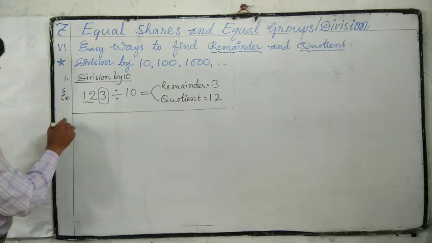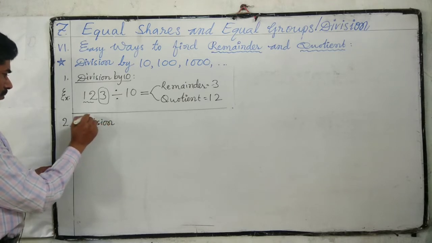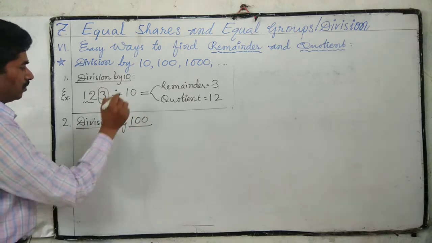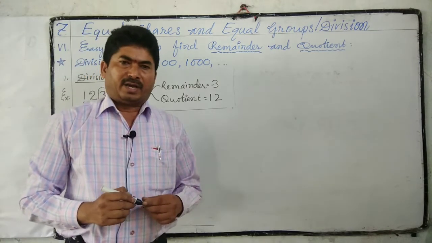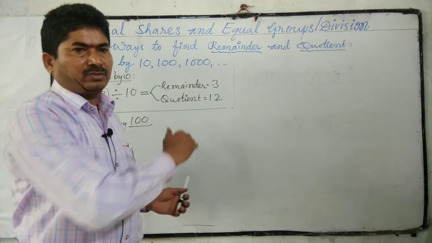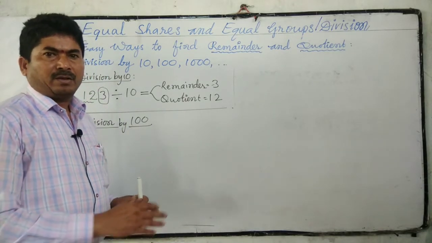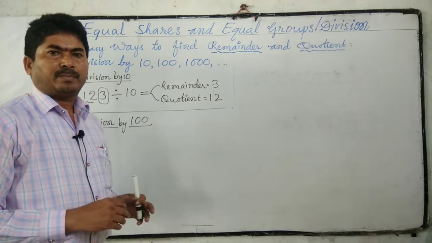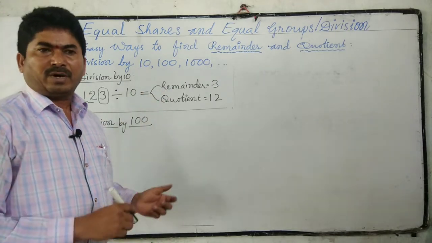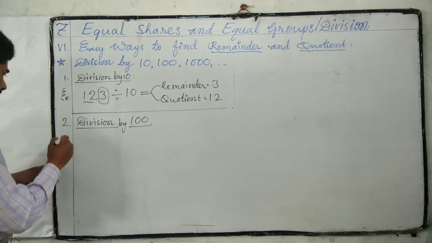Next, the second one, division by 100. When a number is divided by 100, the last two digits, meaning ones and tens, form the remainder, and the number formed by the remaining digits is the quotient.